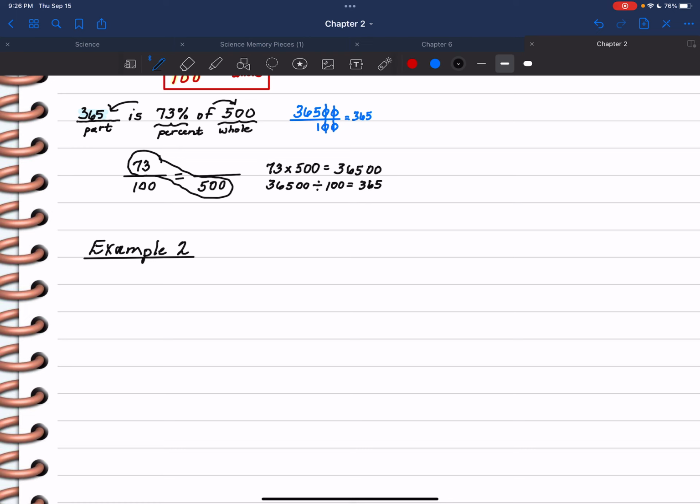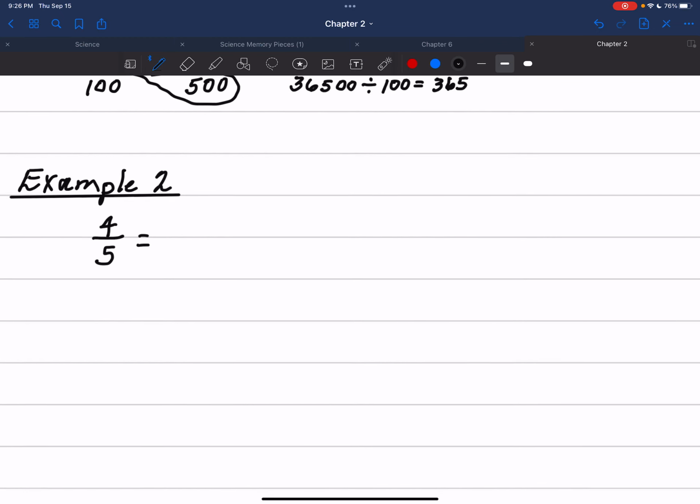So they're giving us 4 out of 5 as a fraction, and they want to know what that is as a percent. Now, I'm going to show you how to do this longhand because some employment tests will ask you to do this without a calculator. So if you don't know in your head that it's 80%, here's how you can find out. 4 divided by 5. 5 can't go into 4, so we add a decimal and a 0.